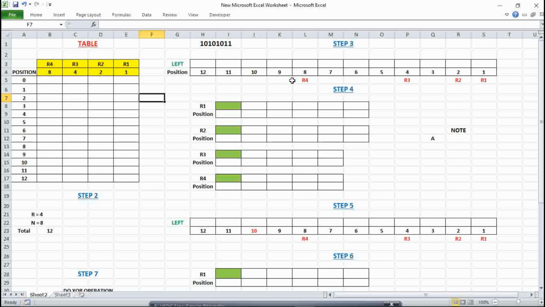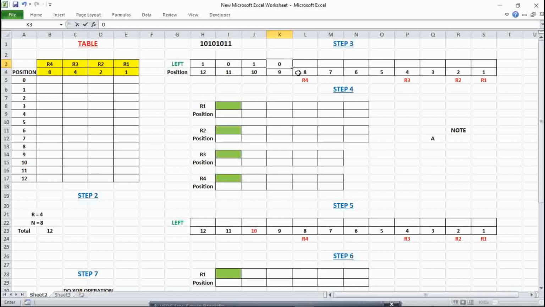We don't know the value of R4, R3, R2 and R1. Now look, the total number of bits that the sender wants to send is 12. So I have written here starting from the right side 1 and ending at 12. Now you have to fill this table. Now the code given to us is 1 0 1 0. Now look, we don't know the value of 8 here.